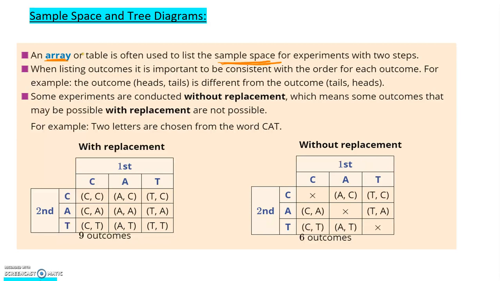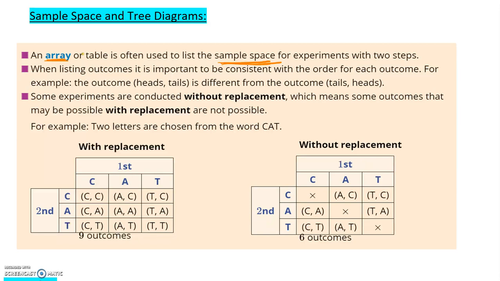Another important thing is there are two different types of experiments: one-step and two-step or multi-step. One-step is, for example, you flip the coin once or roll the die once. Two-step is where you do the same event more than once or you use more than one piece of equipment. An example is flipping the coin twice.